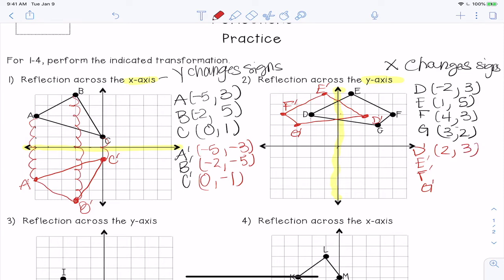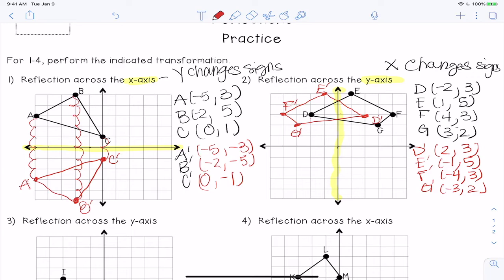E prime is -1, 5. F prime is -4, 3. And G prime is -3, 2. And again, all of our x's changed signs, so the rule stands true.